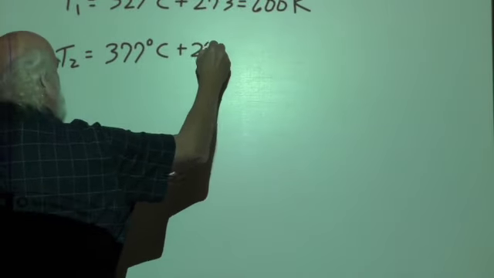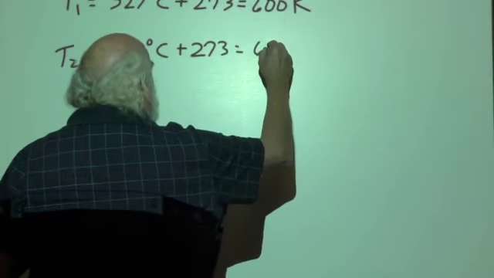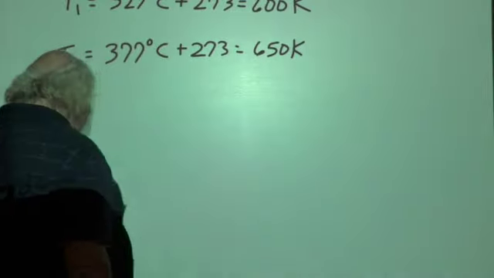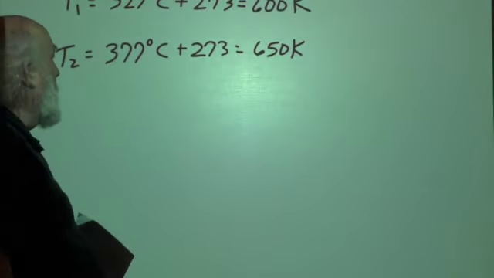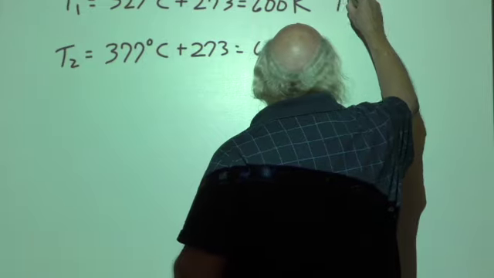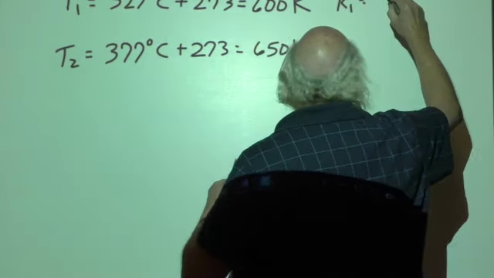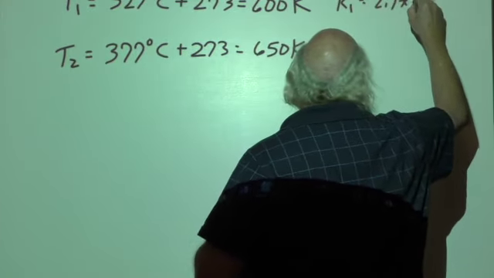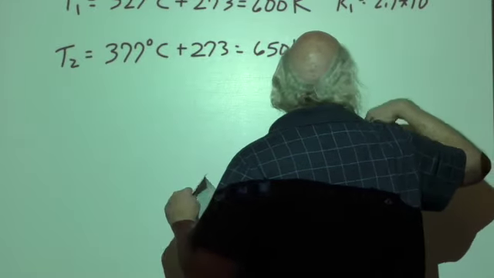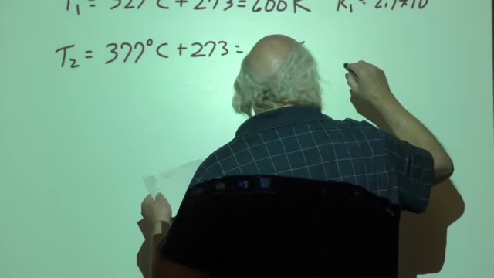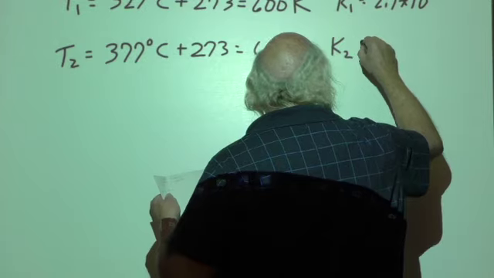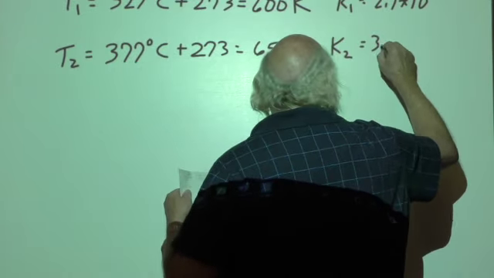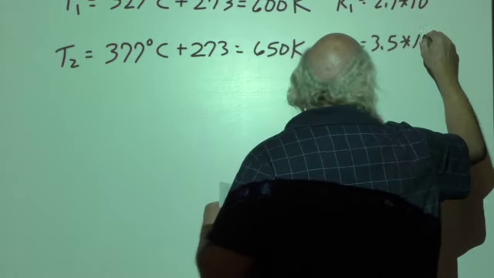Add 273 to that. This is 650 K. The K1 associated with this is given to us as 2.7 times 10 to the negative 4. I'm not going to worry about the label. It's totally inconsequential to this problem. And K2 here is 3.5 times 10 to the negative 3.